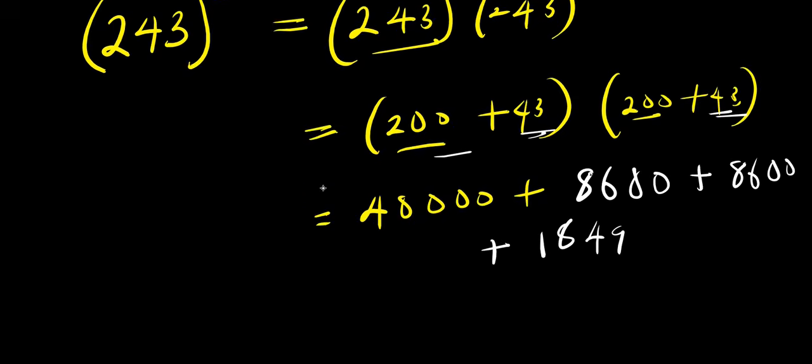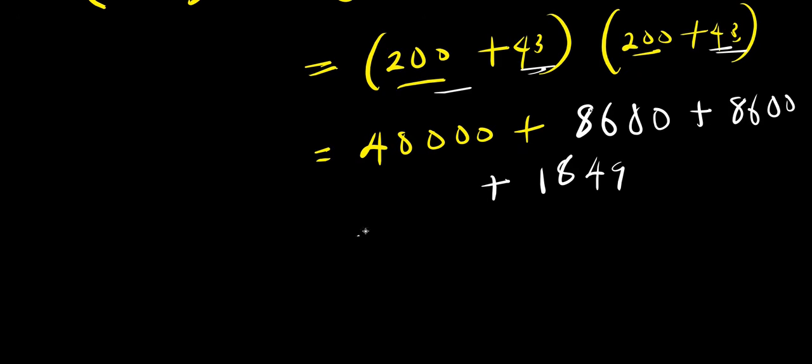So let's add up. We have 40,000 plus 8600 plus 8600 plus 1849.